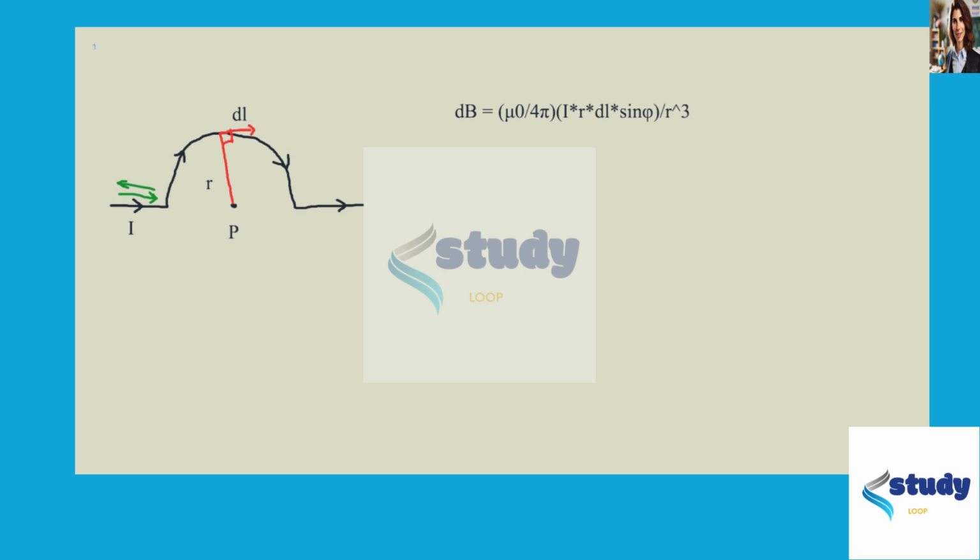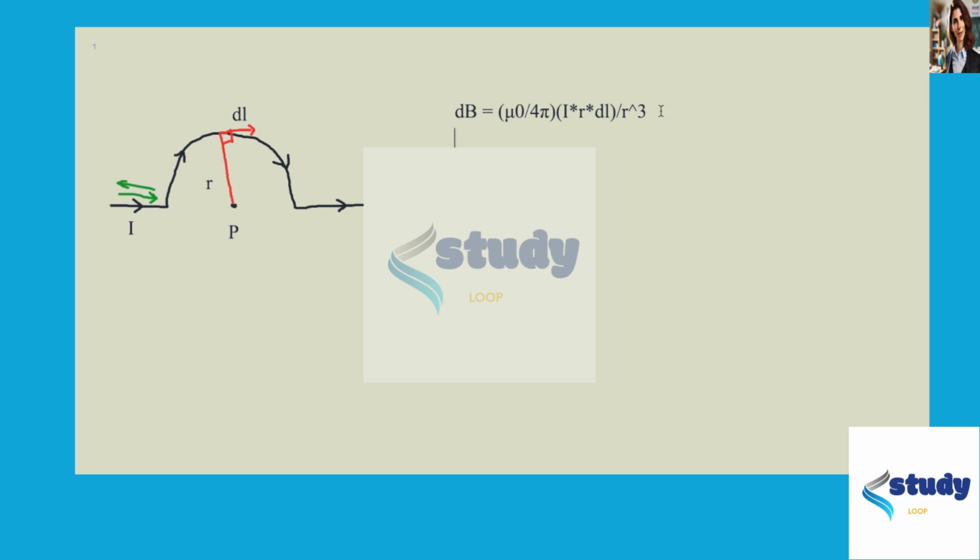So sine of theta, or sine of phi here, when we're looking at this angle between dL and r, is really just going to be 1, because sine of 90 degrees is 1. So we can just get rid of this angle term and not worry about it, because it's going to be equal to 1 for the entire integral that we have to do here.